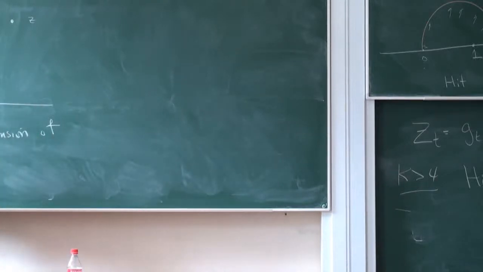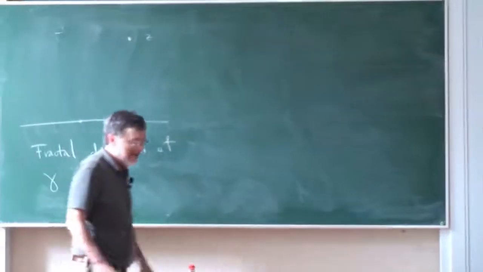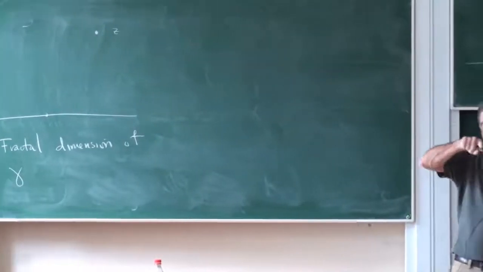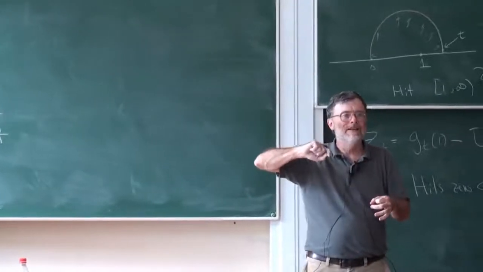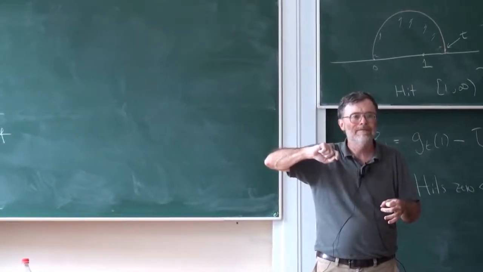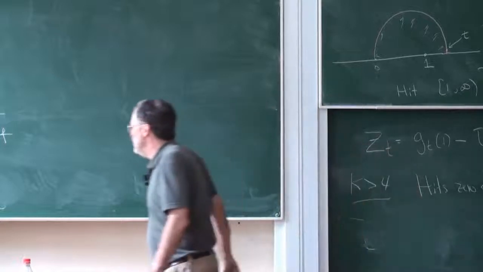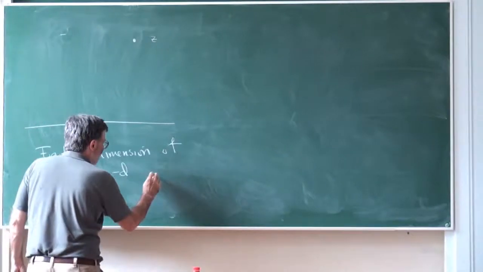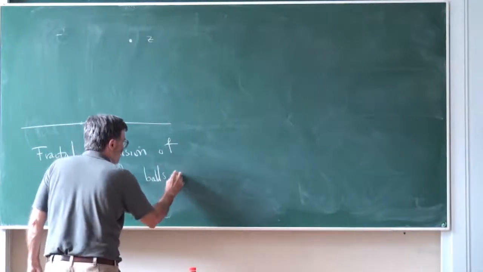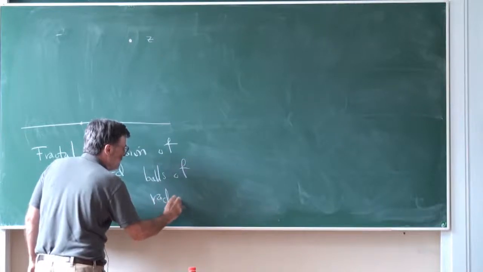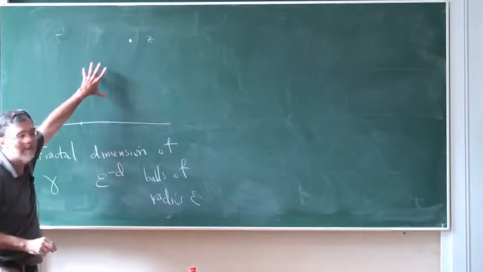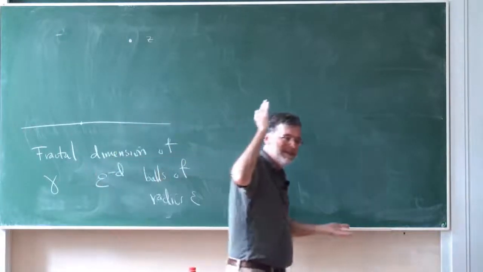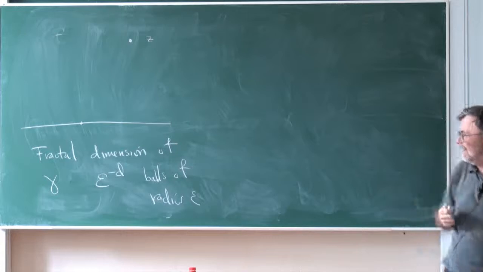So if I'm doing the fractal dimension of a set, the first back of the envelope calculation is to cover the set with balls of radius epsilon and try to figure out how many you need. So you need epsilon to the minus d balls of radius epsilon. Let's just put the set in a compact set. So, roughly speaking, the fractal dimension d satisfies something like that.